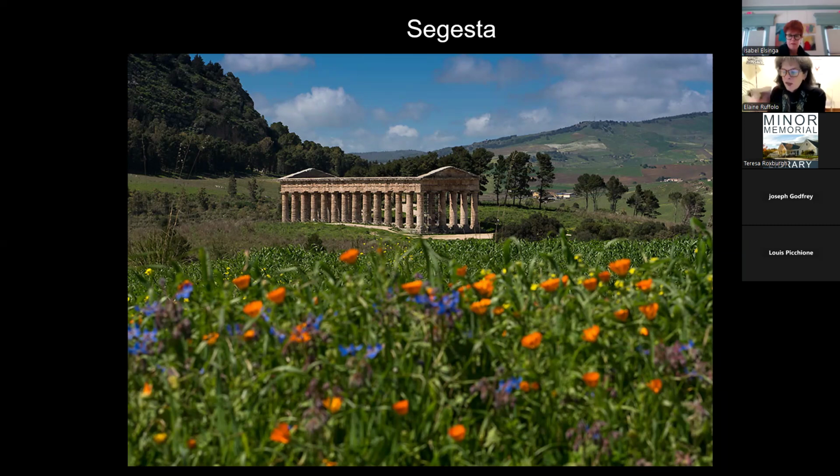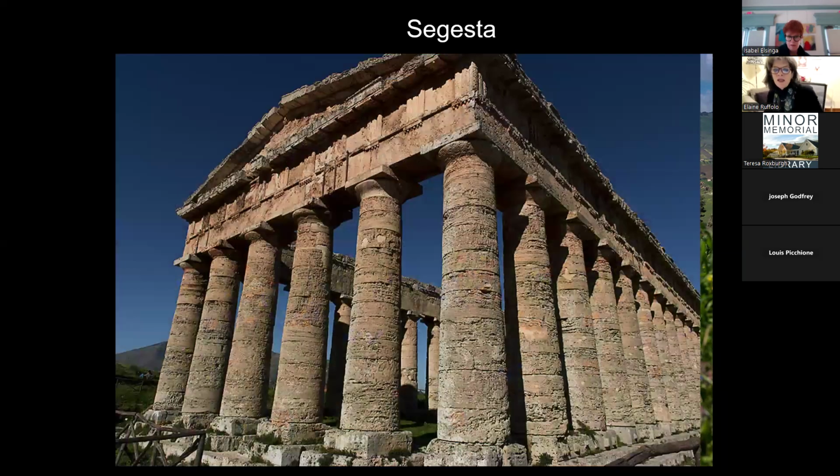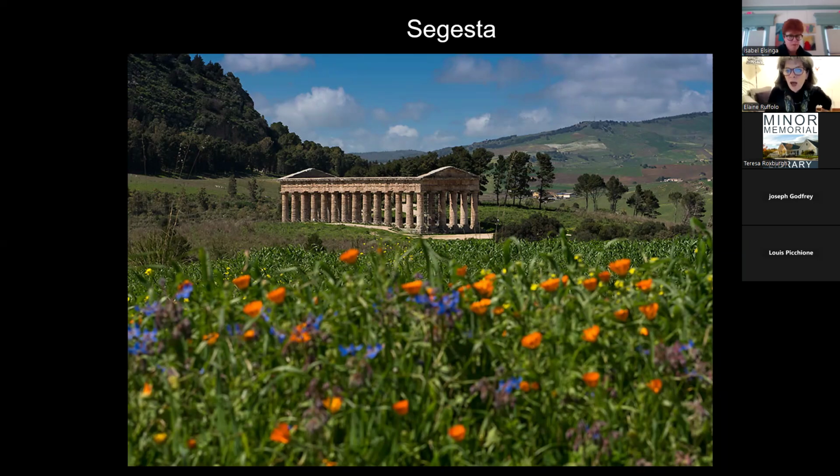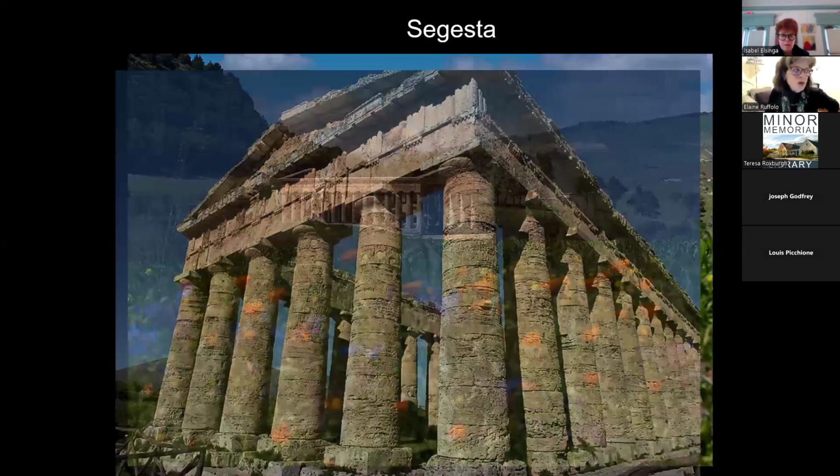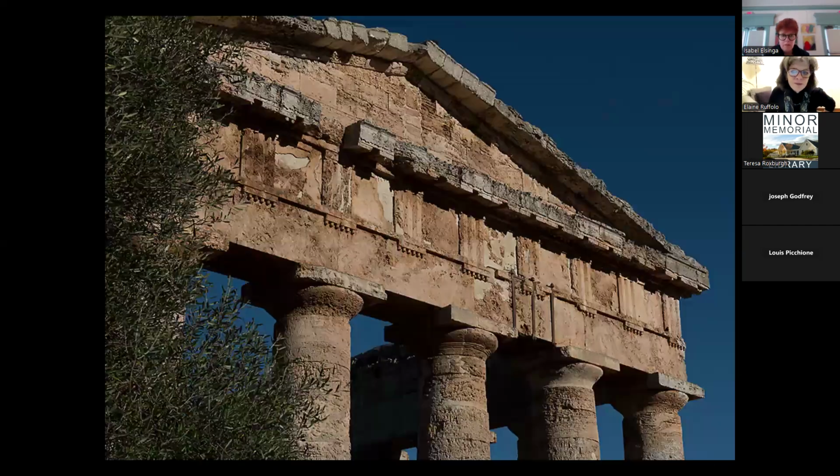And you still feel that when you come up into Segesta. Here's another view. Look at this powerful image, unfinished, never completed, but standing there in a field of, look at that, wildflowers. It must be one of the most beautiful spots really in the world, friends. Here's another beautiful view.